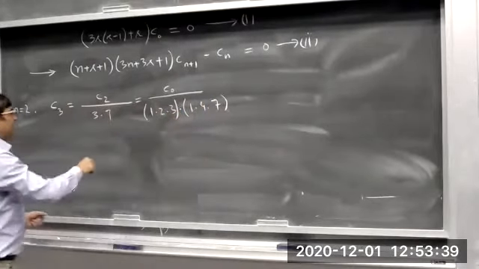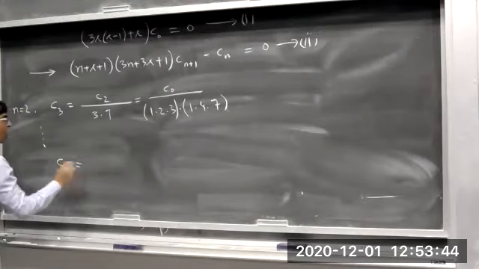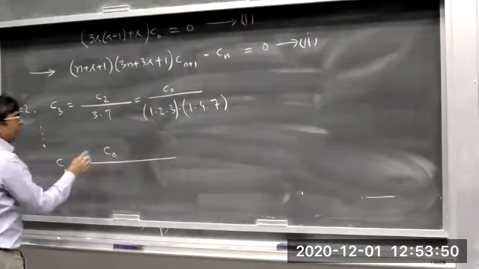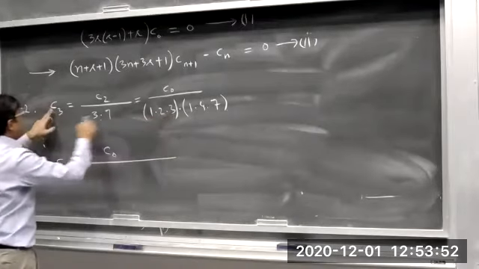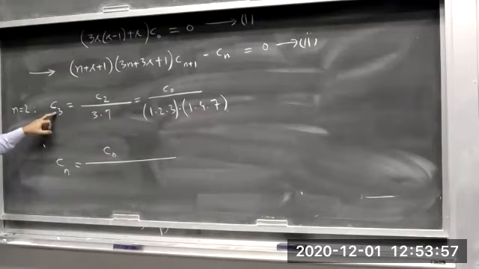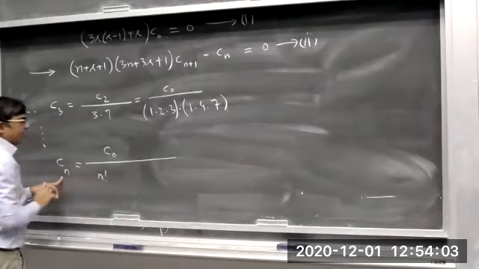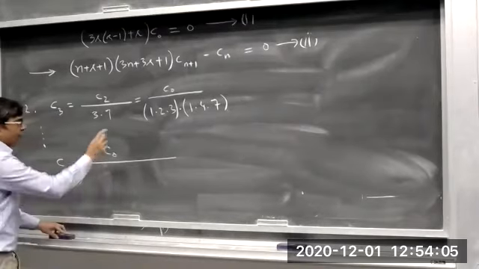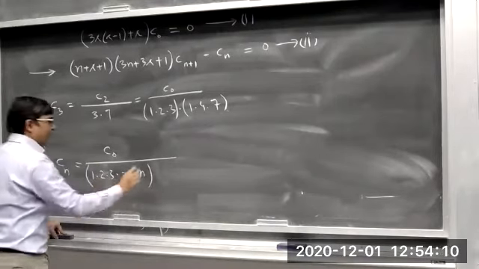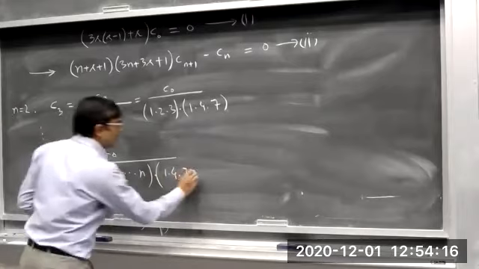I'm trying to generalize it. So for n and so on, Cn would be what? It is C0. Here, for C3 we have 1, 2, 3 and 1, 4, 7. So if we have n here, it would be n factorial, 1.2.3.4 and so on up to n, into 1.4.7 and so on.